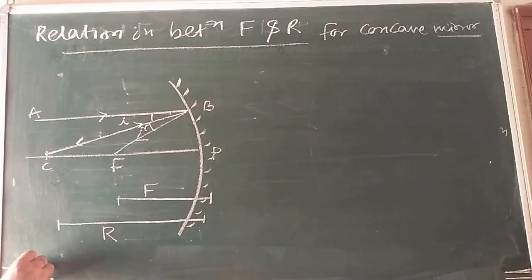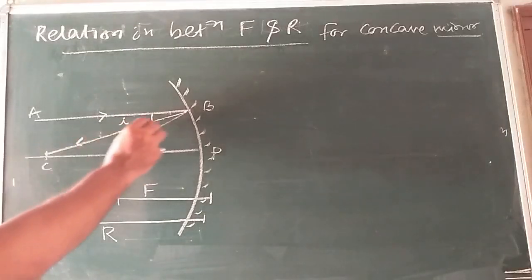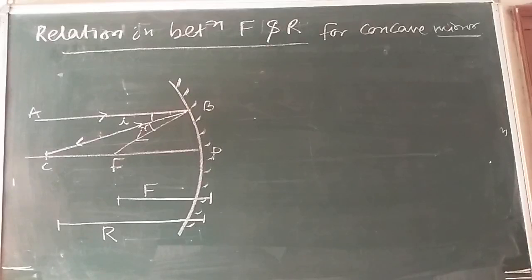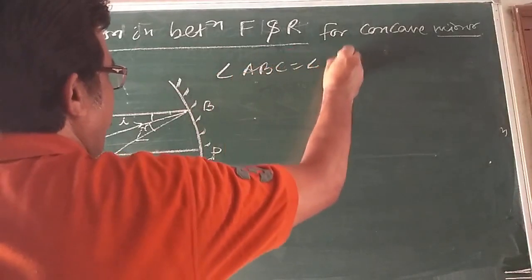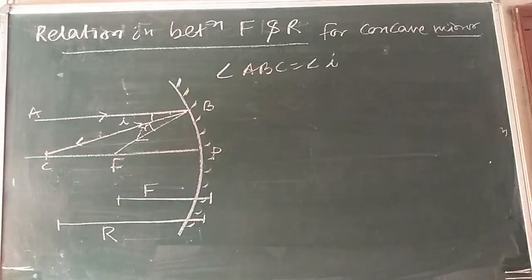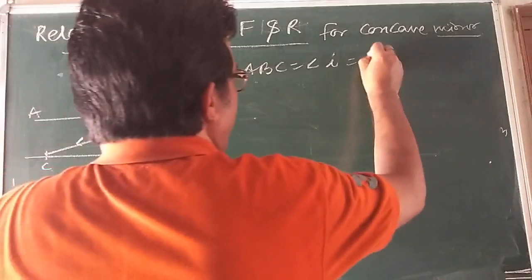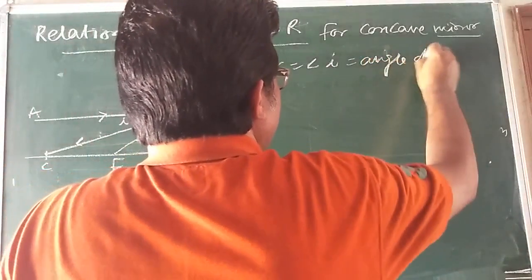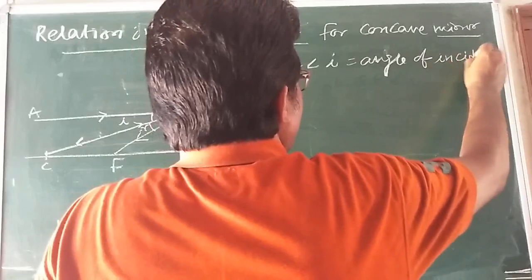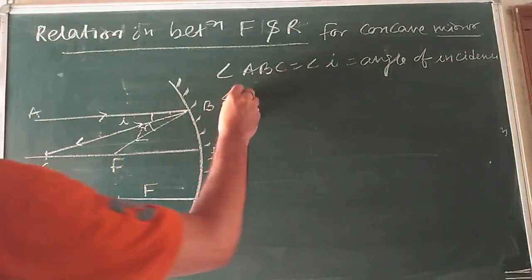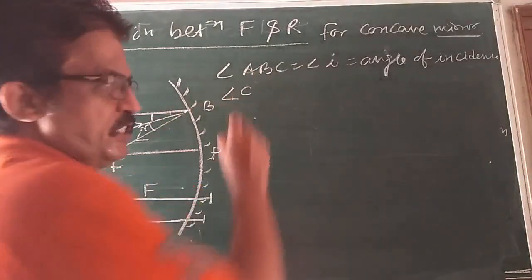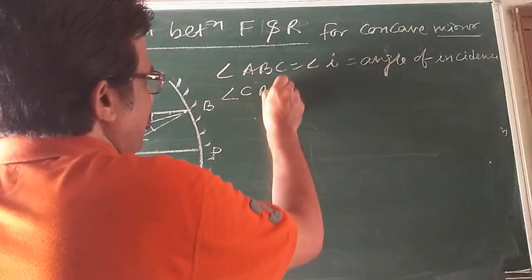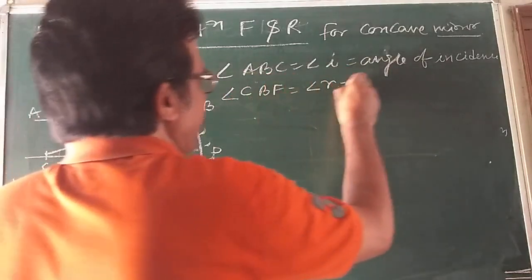Now, you can see here, join CB. Angle ABC is called angle of incidence. Then you can see the angle CBF, it is called angle of reflection.